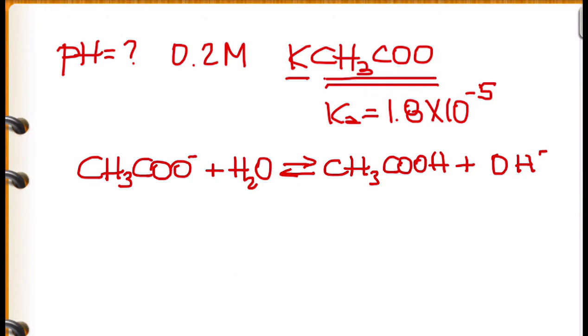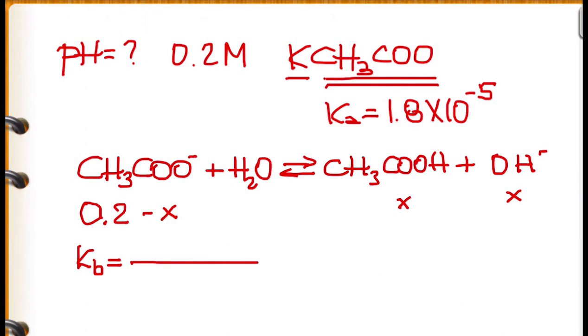So what we have here, we have initially 0.2 molar, right? And a little bit of that is going to react with water and generate acetic acid. So it's going to be 0.2 minus X, and that is going to generate X and X moles of acetic acid and the hydroxide. So the equilibrium constant for this, again, is going to be Kb, or constant of hydrolysis in this case, but we end up calling it Kb.